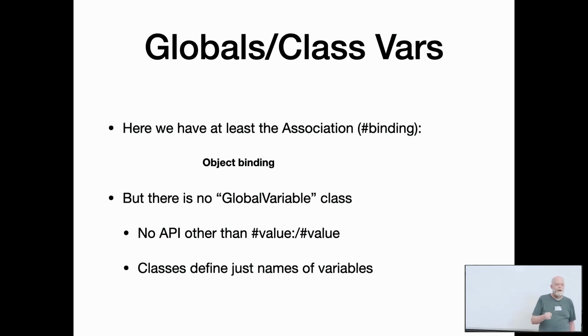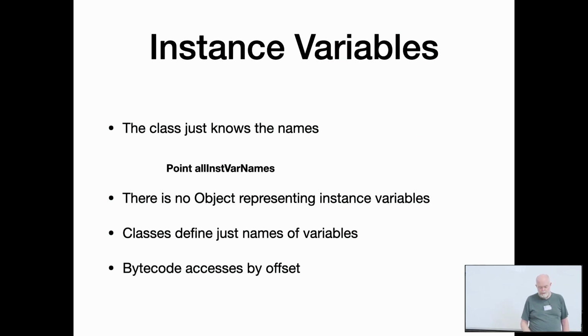And you can even ask for it. So if you say object binding, you get back an association that models the global variable. But the API is a bit strange, so you have only value and value:, and yeah. And the class actually just defines the name of class variables, so it's not really that great.